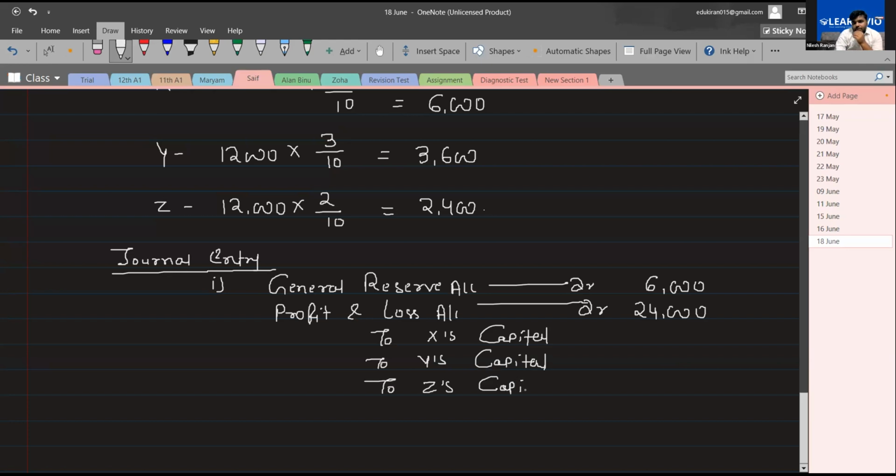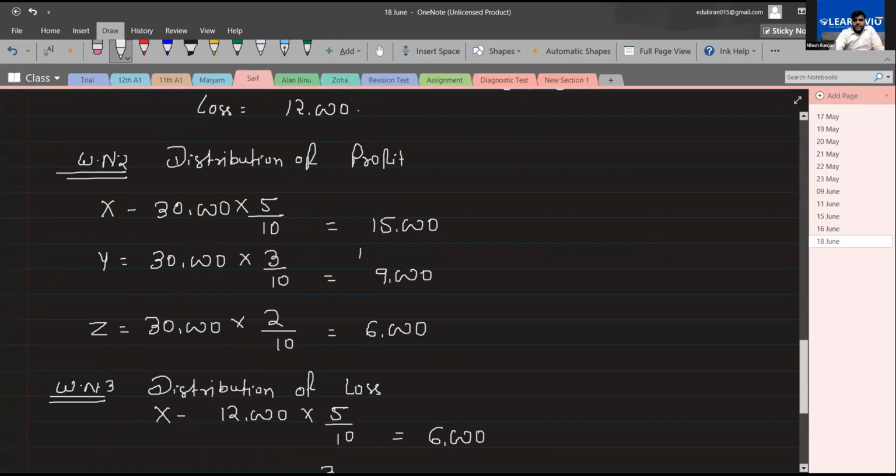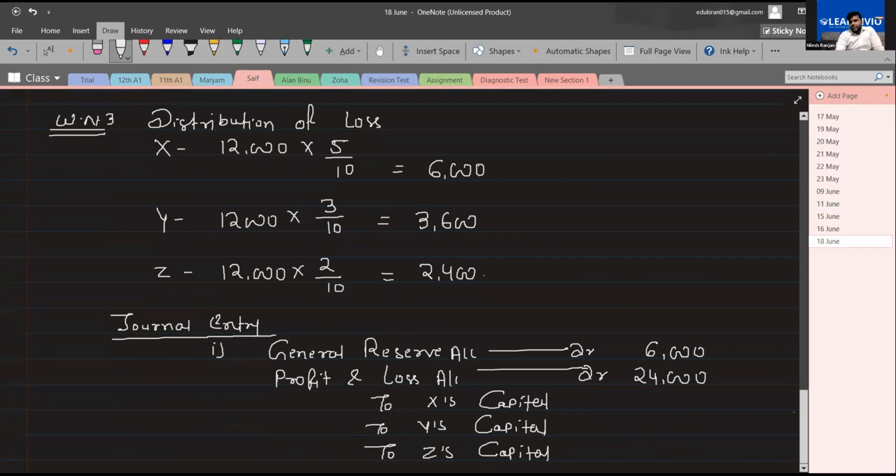So after writing 6,000 and 24,000, total is 30,000, which we have already distributed here: 15,000, 9,000, and 6,000.